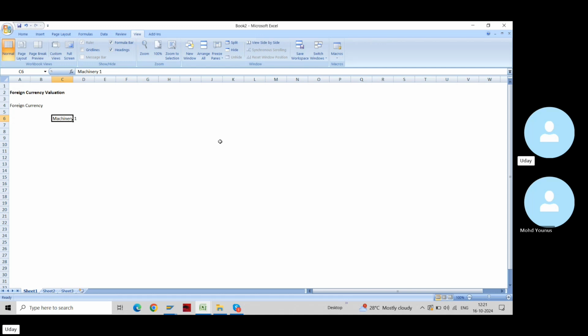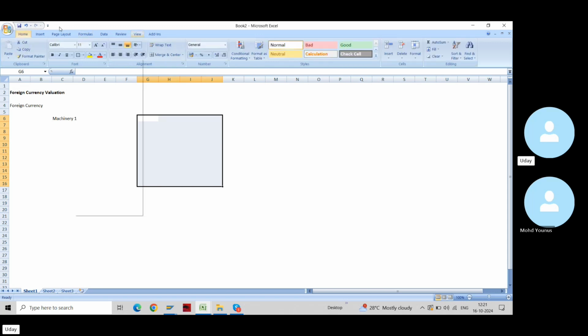Let's assume America. So I have purchased this machinery. What will the USA vendor do? He will be raising the invoice in US dollars, in USD.